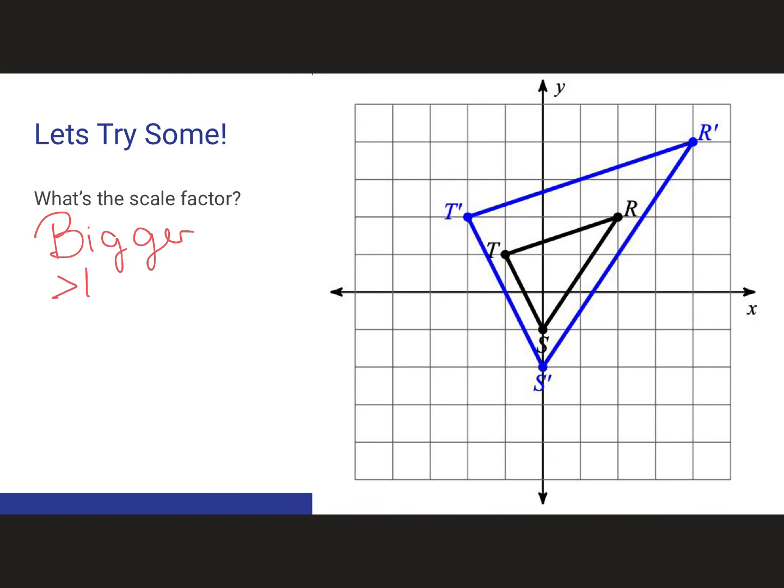And I can see that T goes from being at -1, 1 to being at -2, 2. S goes from being at 0, -1 to being at 0, -2. So I see that multiplying by 2. So here my scale factor equals 2. Okay, go ahead and try some on your own, and I will see you in class.